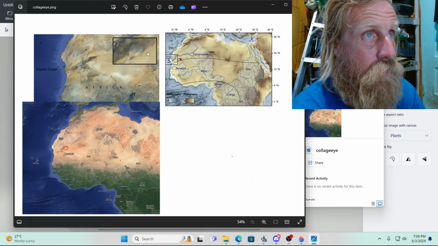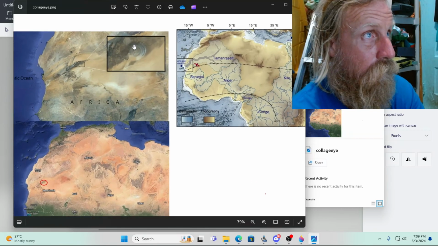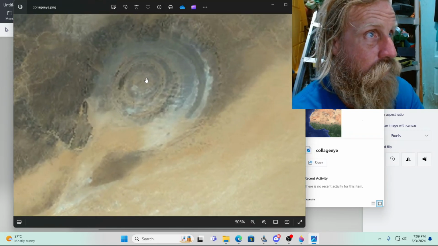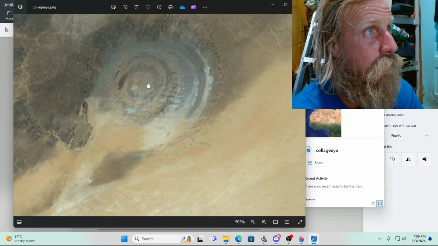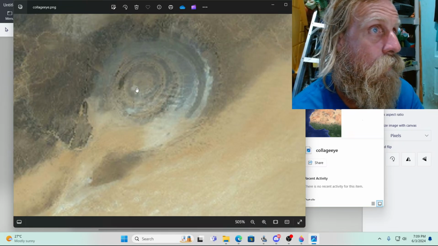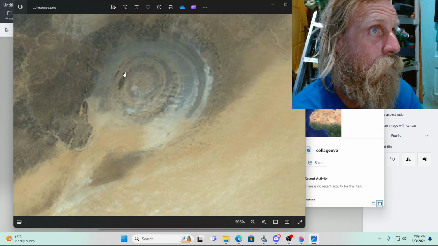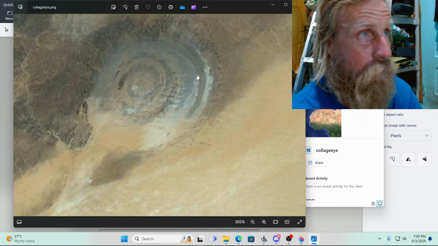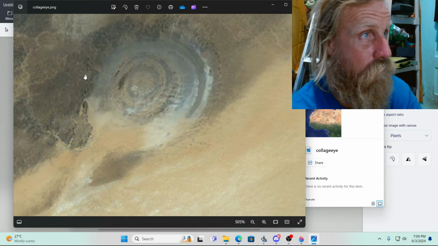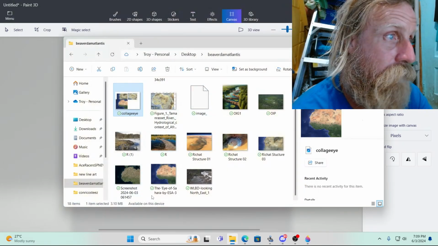This is one of the suggested locations of Atlantis, because this Eye of the Sahara actually has a freshwater well in the middle, and there's salt formations around it. So it could have been saltwater, freshwater, saltwater, freshwater, just like in the fable of Atlantis.